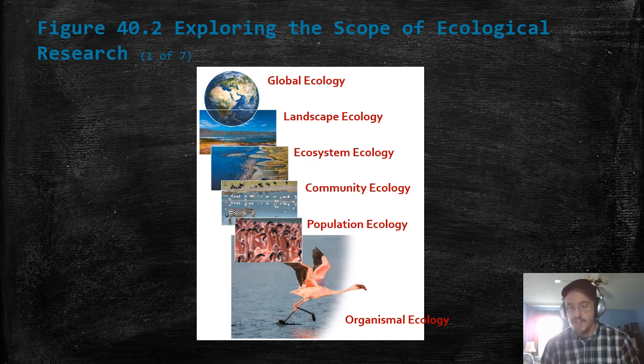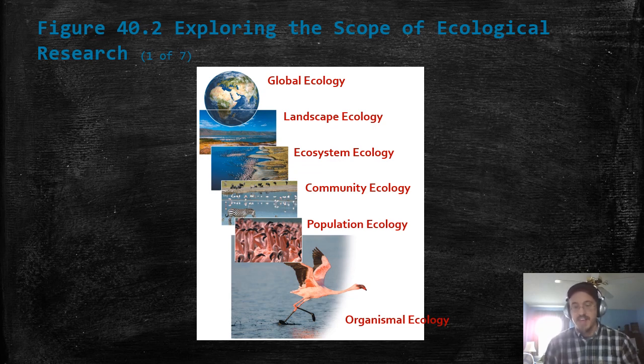Remember, a population is a group of the same species in an area, right? So population ecology is the study of a population. You might look at whether it's evolving using Hardy-Weinberg equilibrium. You might look at where they go when they migrate, what they eat, things like that. How many of them there are, how fast they reproduce, how many of them get eaten every year. That's the kind of thing you would study as a population ecologist.